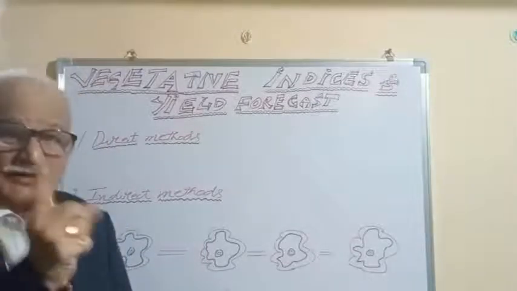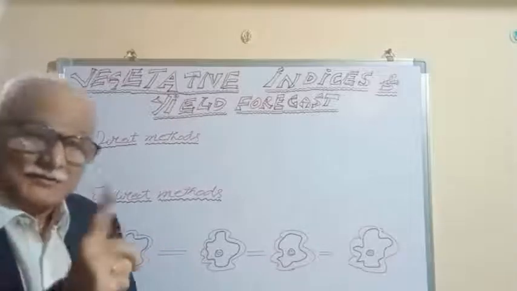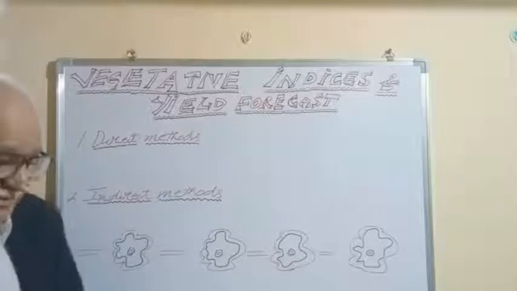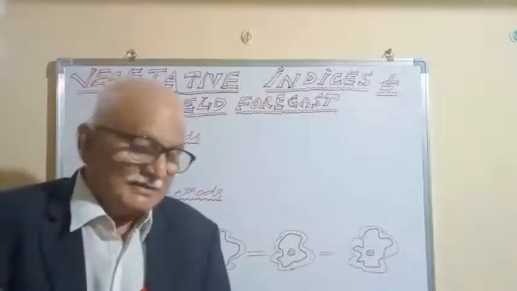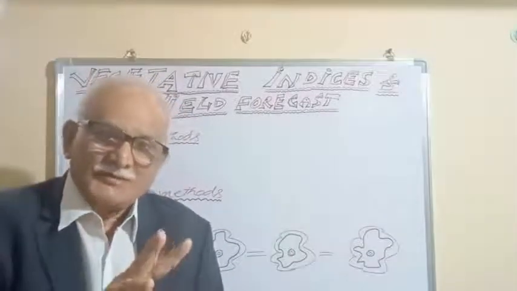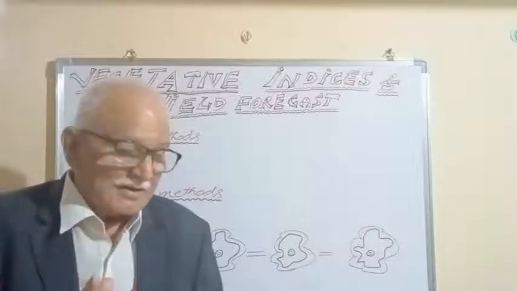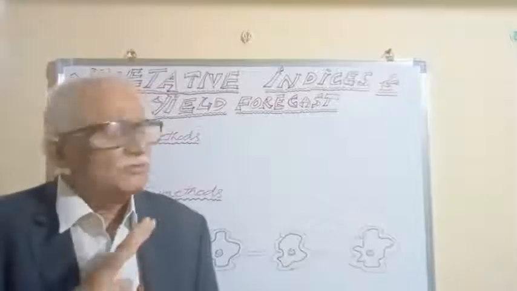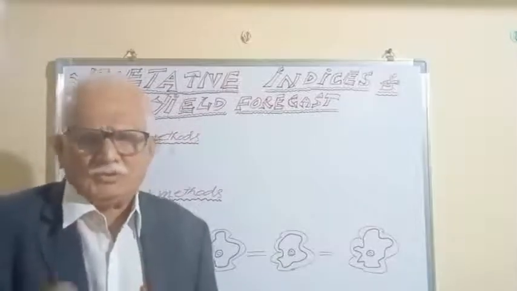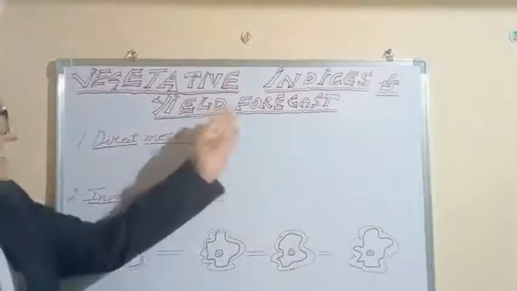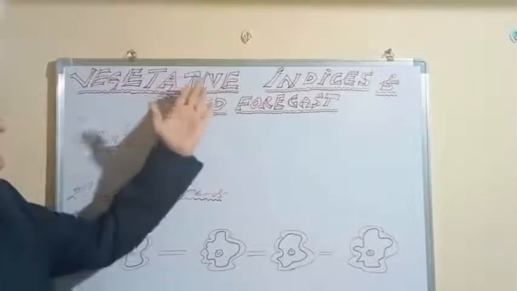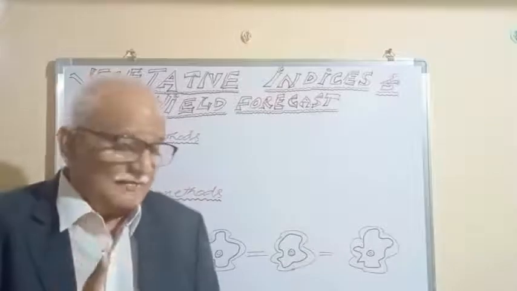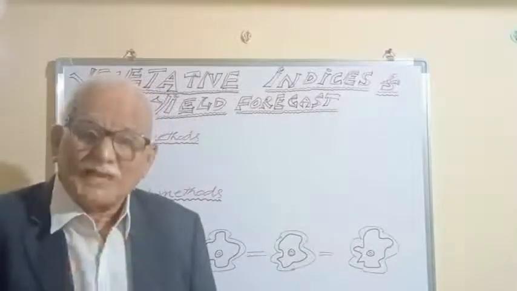These two, reflectance or thermal parameters, have been successfully applied in various crops through MODIS data. Absolutely no problem. So we can forecast the yield of certain crops based on the direct methods, where we use the reflectance or thermal parameters.